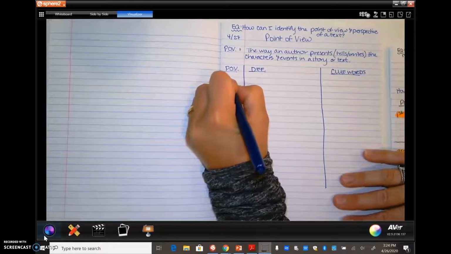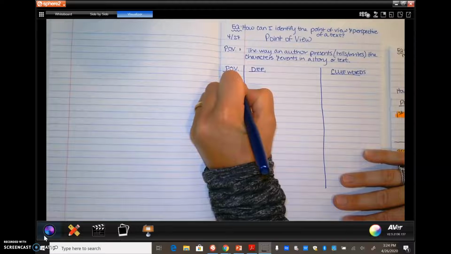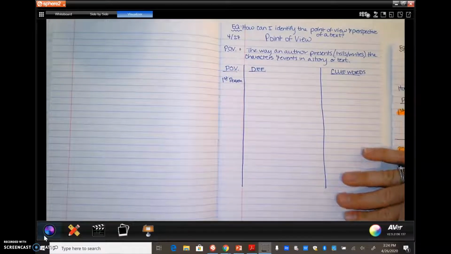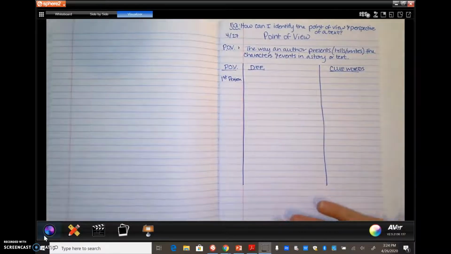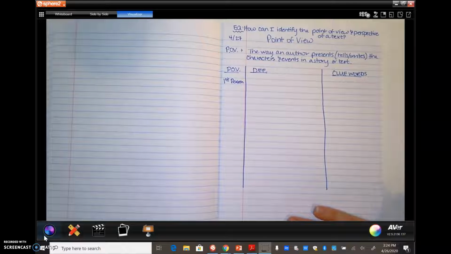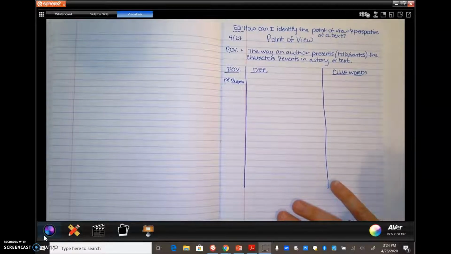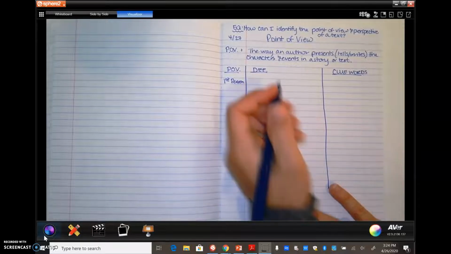Okay, so we have first person. When a text is written from first person point of view, that basically means it is told from the viewpoint of one of the main characters. They are telling their thoughts, their feelings, the events that are happening through their eyes.